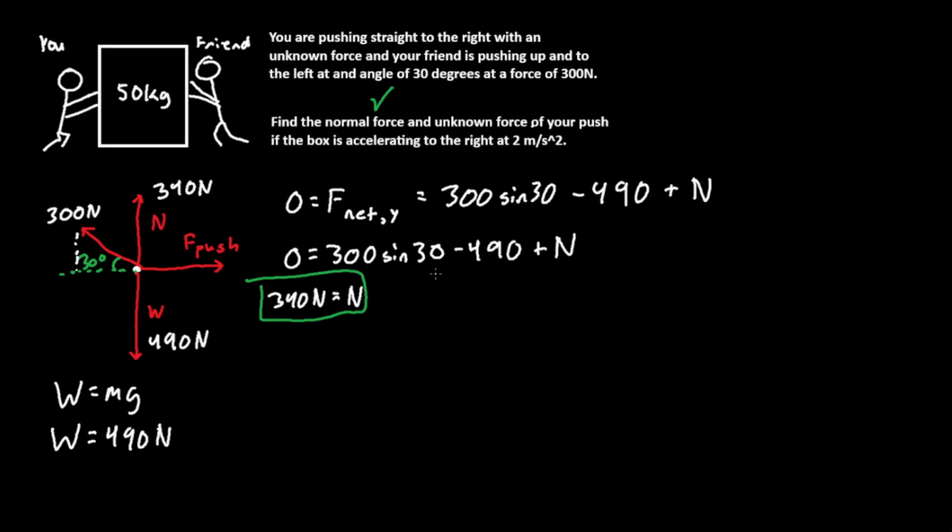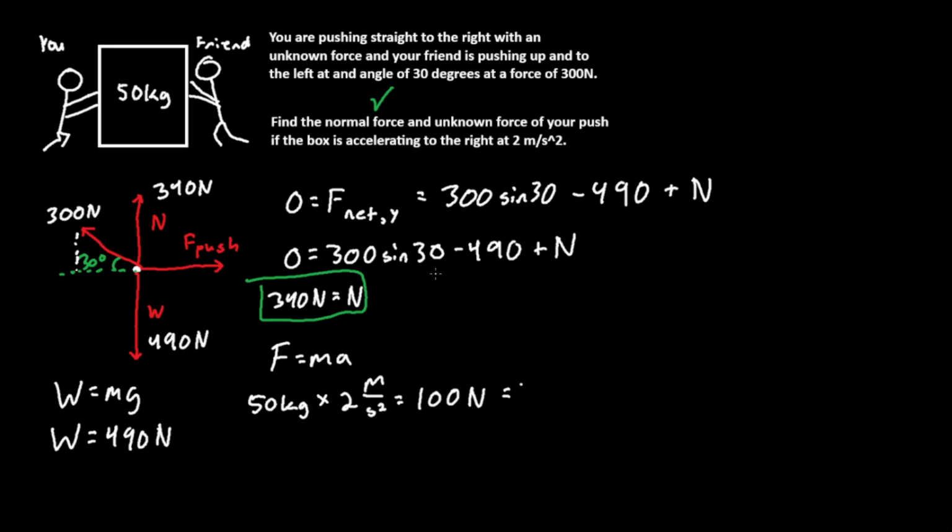Let's solve for the unknown force of your push if the box is accelerating to the right at 2 meters per second squared. Well, we know Newton's second law of motion states that force is equal to mass times acceleration. If the mass of the box is 50 kilograms and the acceleration is 2 meters per second squared, you would get a net force of 100 newtons.